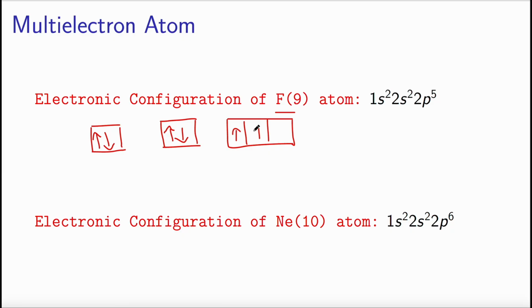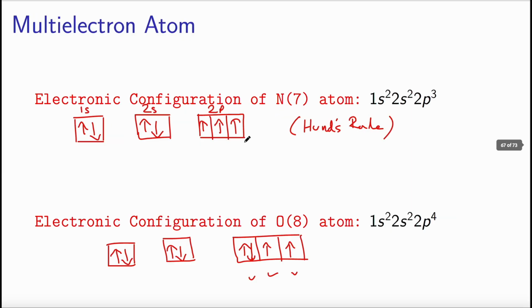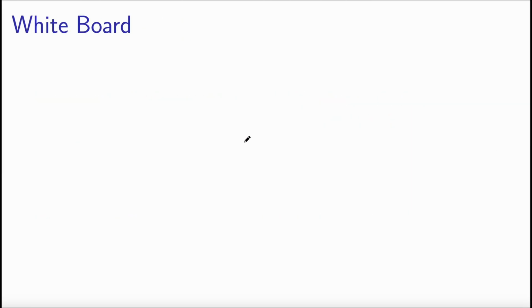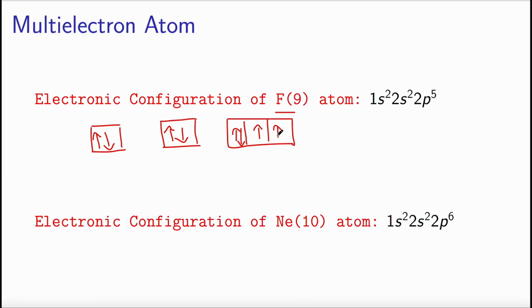So up, and then down here. This we have done before. Fluorine has 9, so the next one will be in another orbital, with down. So this is the configuration for fluorine.